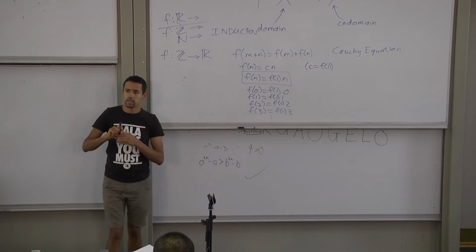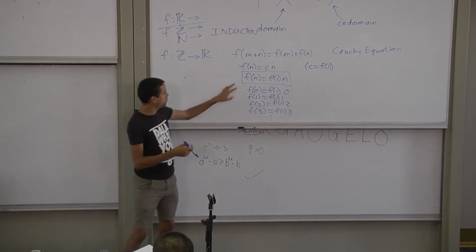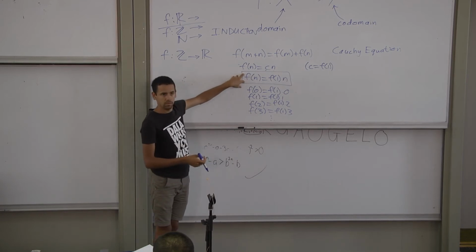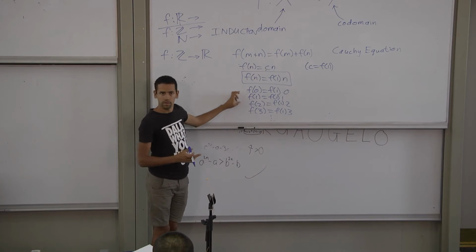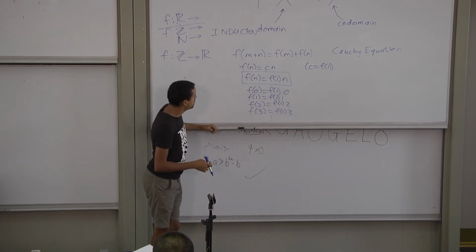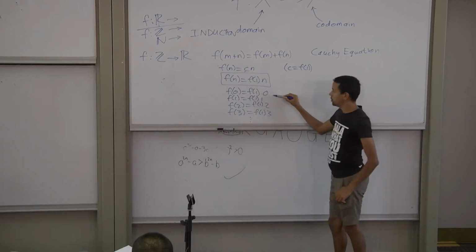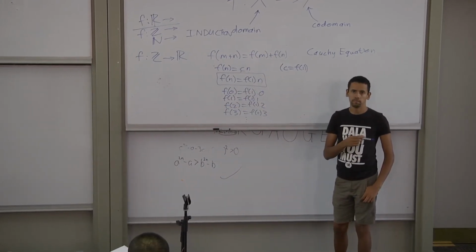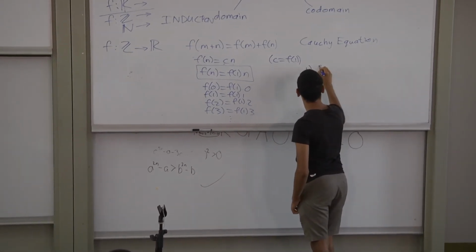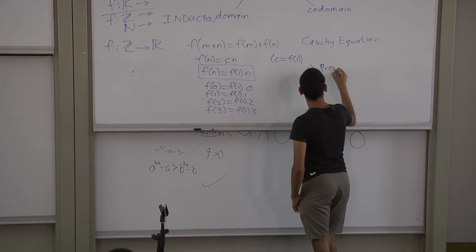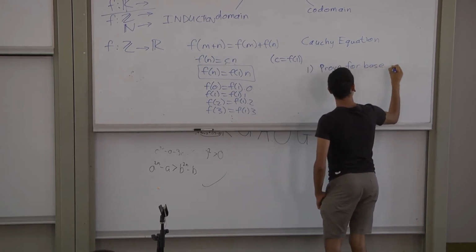The way it works is that you would prove your statement for some base value, usually at some small value of n. So for example, we could prove that this is true when n equals 0 or when n equals 1. So first, prove it for your base case.